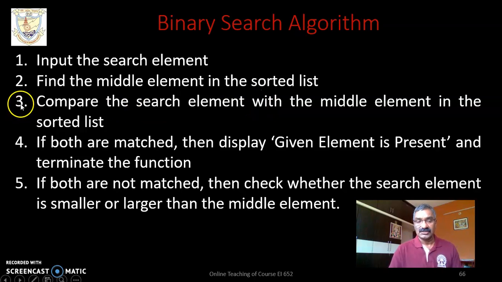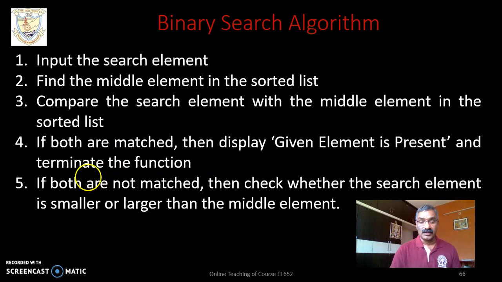Compare the search element, step number 3. Compare the search element with the middle element in the list. If both are matched, then display given element is present and terminate the function. Instead of going to the very first element, go to the middle element and do the comparison. If the comparison is successful, then display given element is present and terminate it.